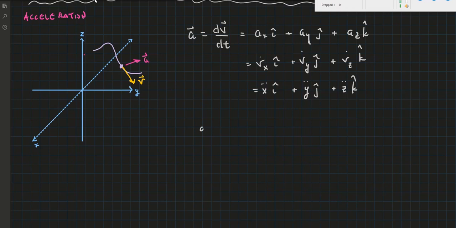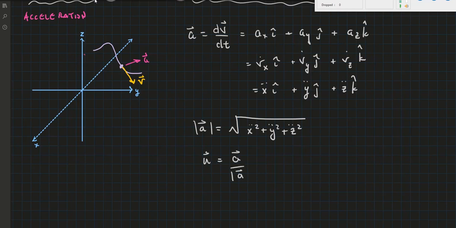And the magnitude of our acceleration is the square root of x double dot squared plus y double dot squared plus z double dot squared. A over the magnitude of A is our unit vector, and that's where we sit.